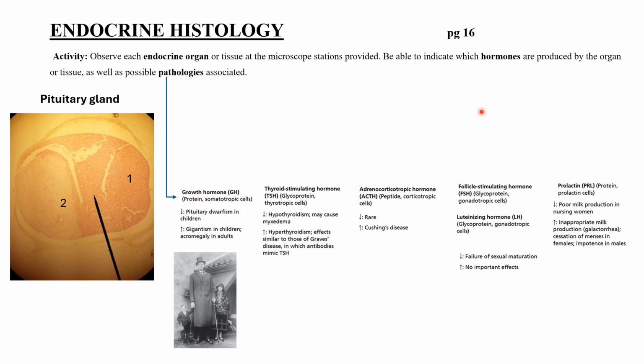The hypothalamus secretes gonadotropin releasing hormone, GnRH, and it causes the anterior pituitary to secrete follicle stimulating hormone and luteinizing hormone, and this is made by the gonadotropic cells. And what happens if there is too little follicle stimulating hormone and luteinizing hormone? There is failure of sexual maturation. And if there is too much of these hormones, there are no important effects.